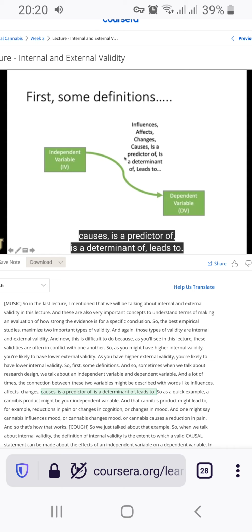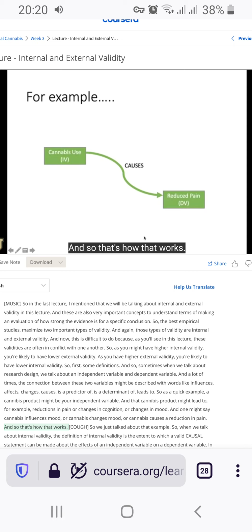As a quick example, cannabis product might be your independent variable, and that cannabis product might lead to, for example, reductions in pain or changes in cognition or changes in mood. And one might say cannabis influences mood, or cannabis changes mood, or cannabis causes a reduction in pain.